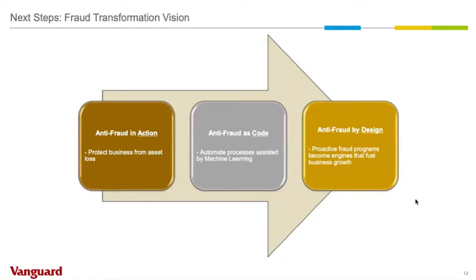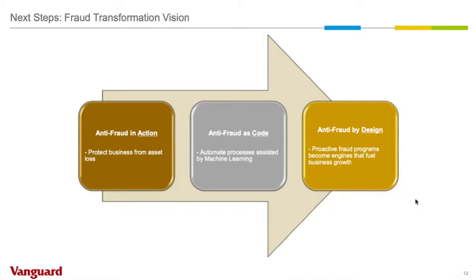Now, before we open up to questions, I just want to share a little bit of our fraud transformation vision. We have already taken our fraud approach from anti-fraud in action to anti-fraud as code by using machine learning and analytics capabilities.